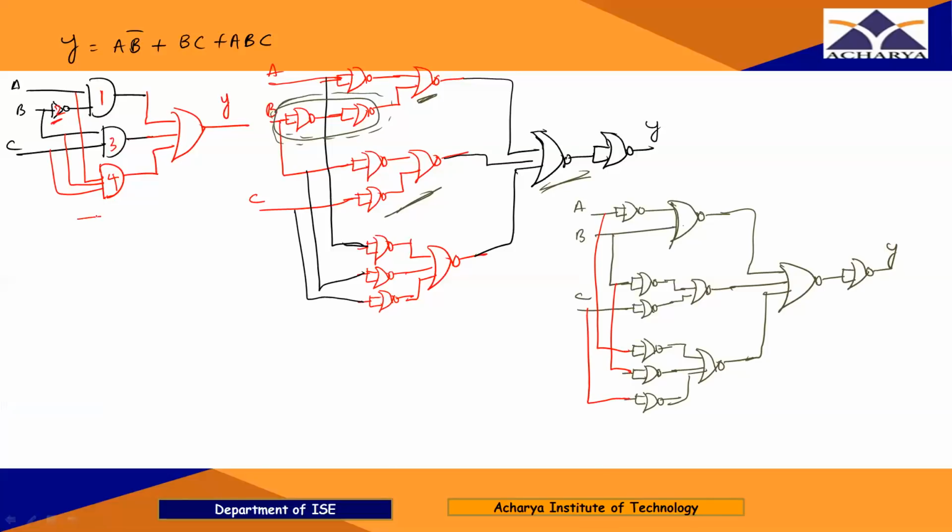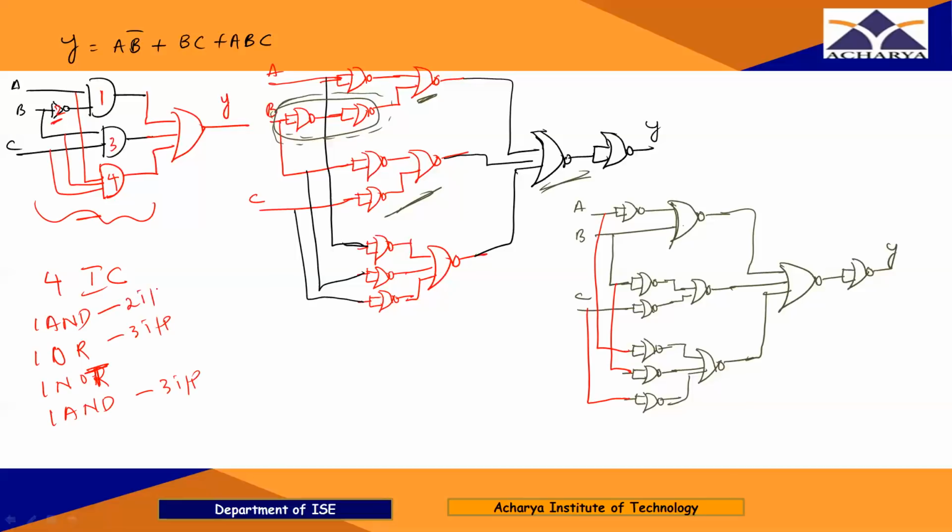As we have discussed for the NAND gate here, to recap this circuit I need total 4 ICs, 1 AND, 1 OR, 1 NOT and one more AND of 3 input. So this is also 3 input and this is 2 input.